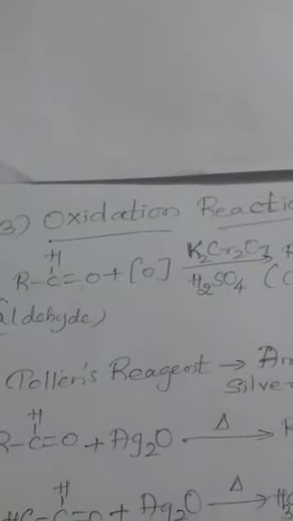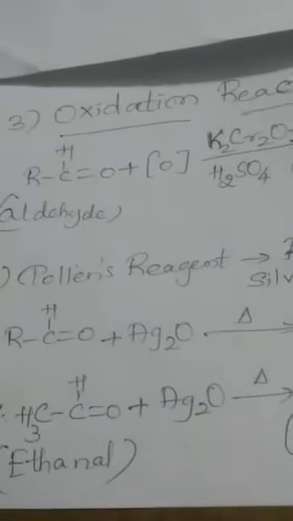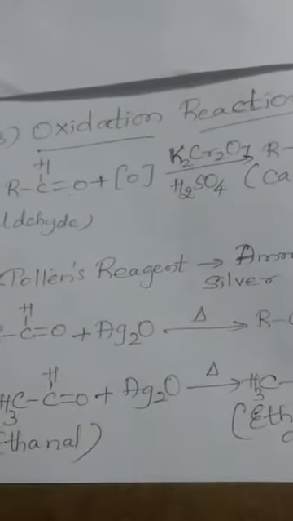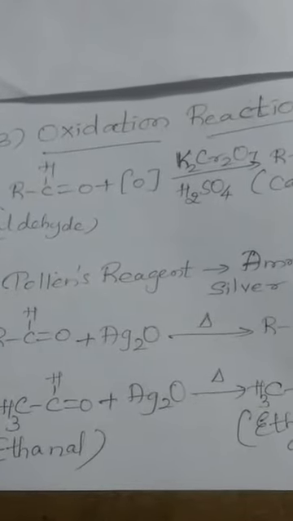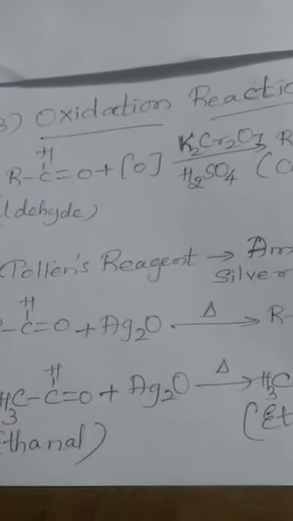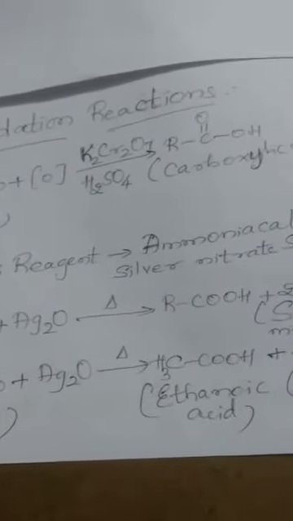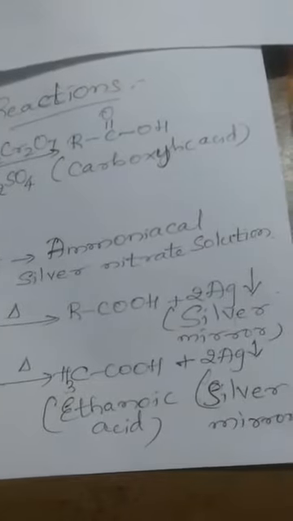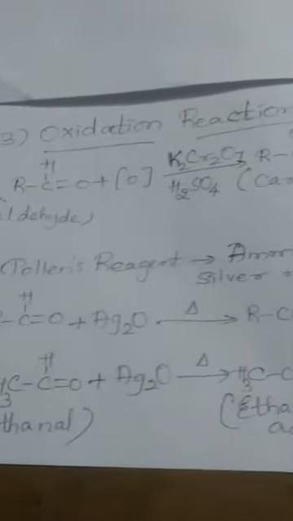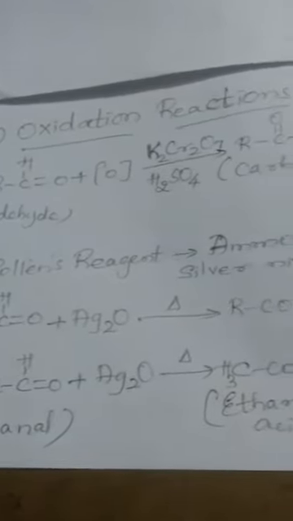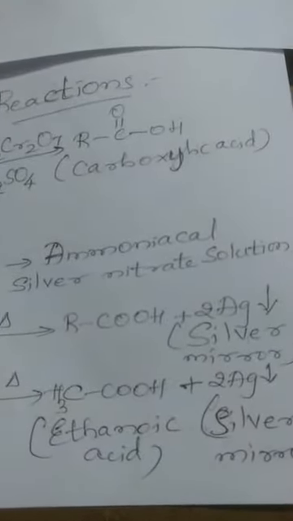Now further you should know something about the reduction of Tollens reagent by aldehydes. Before moving to the details of the reaction, you should know what Tollens reagent is. The chemical composition of Tollens reagent is ammoniacal silver nitrate solution.